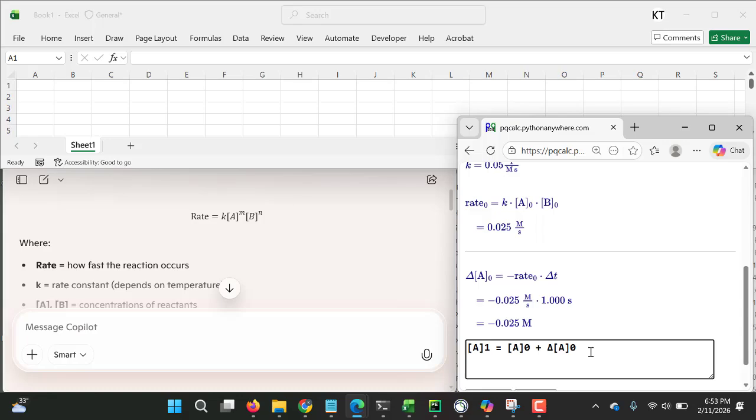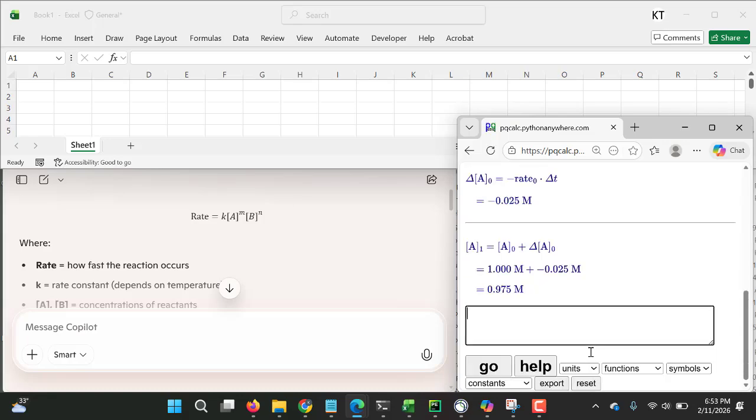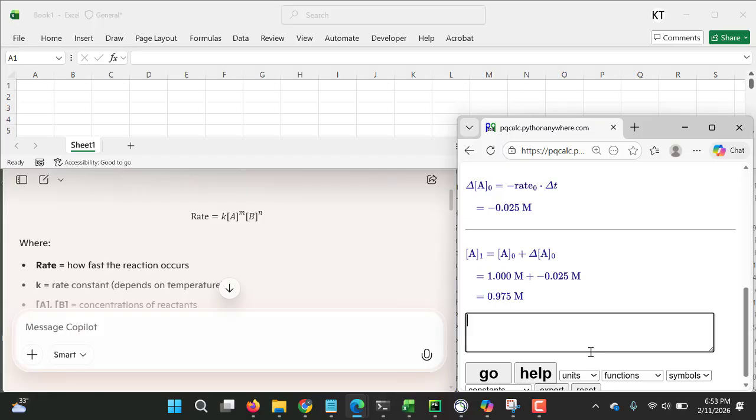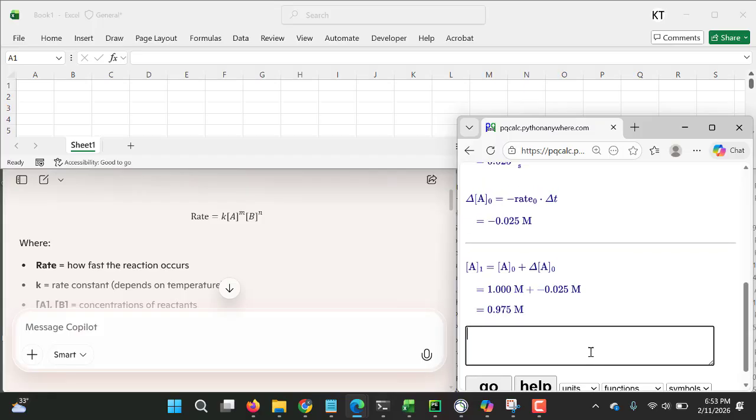So we started out with 1 molar. Now it's 0.975 molar. We have to do the same thing with B, but this is going to be just a copy-paste job here. That would be more copy-paste, but it's not. Okay.